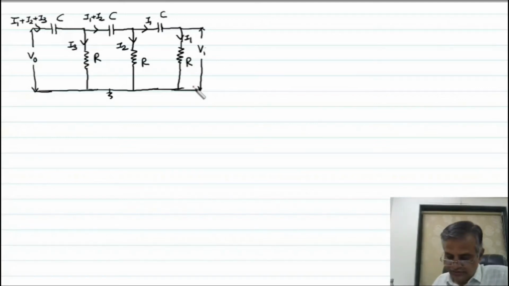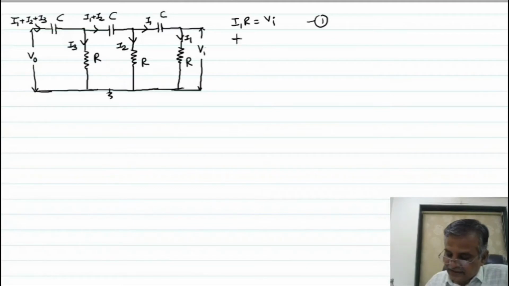So look here. First, from this circuit I can write I1 into R is equal to Vi. You can see, this is equation number 1.